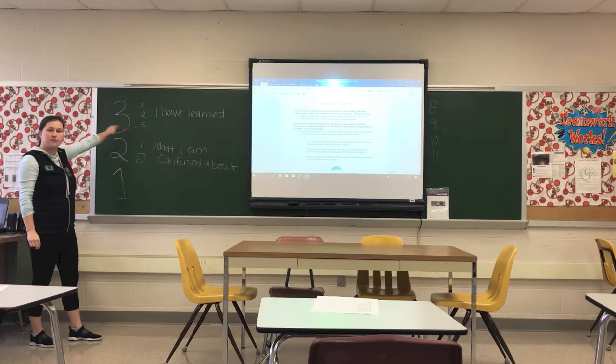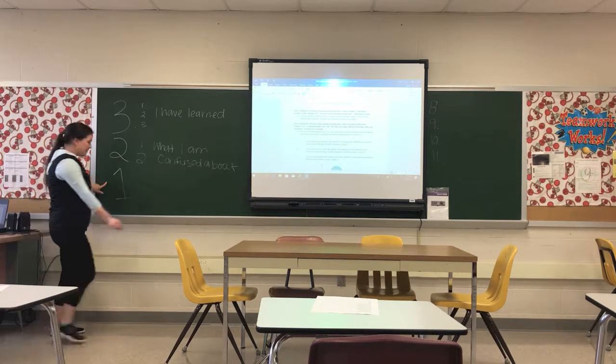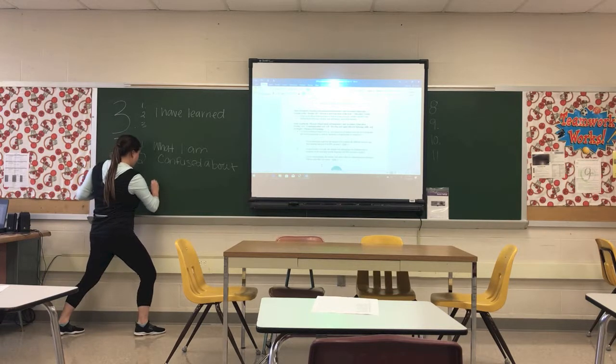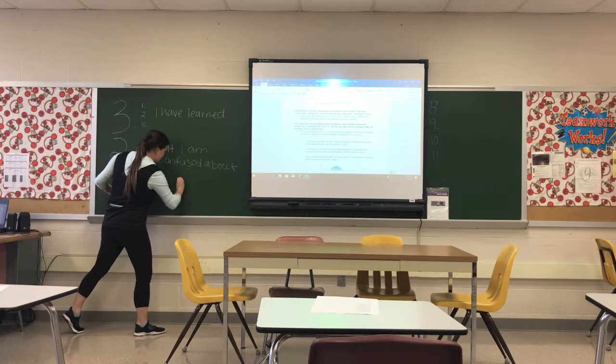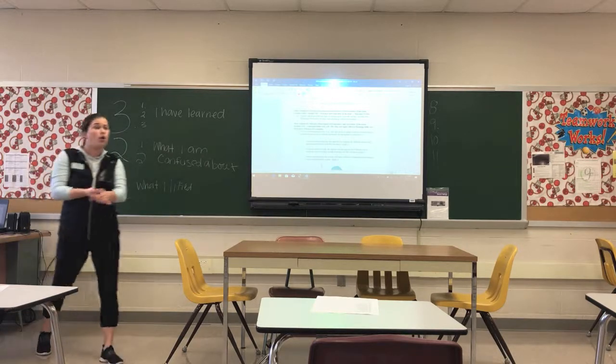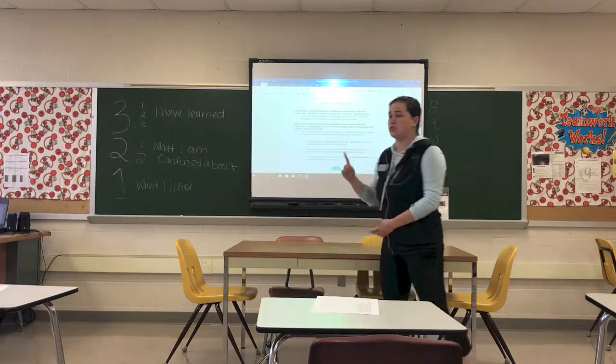So first one again, for the 3 things I've learned, 2 things I'm confused about, and last thing, 1 thing, what I liked. It can be anything. It can be like an activity, doing the homework independently. It can be anything. Just you have to list 1 thing that you like.